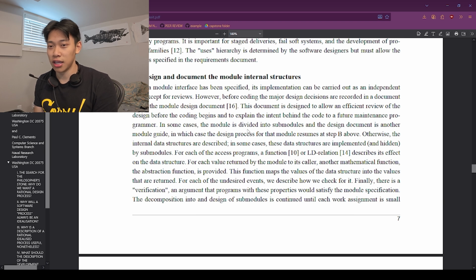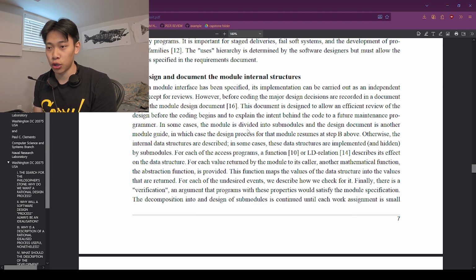And the design document is another module guide, in which case the design process for that module resumes at step B above. Otherwise, the internal data structures are described. In some cases, these data structures are implemented and hidden by submodules. For each of the access programs, a function or LD relation describes its effect on the data structure.